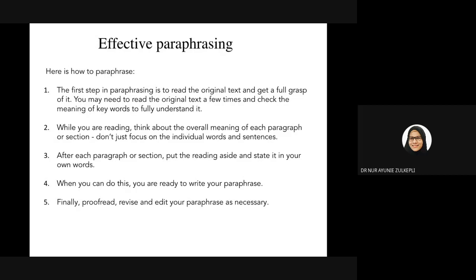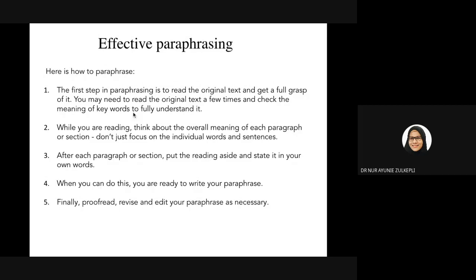Okay, so how to paraphrase? I give you the steps here. It's the same steps as when you want to summarize data from a previous study. So the first step is to read the original article and get a full understanding of it. You may need to read the original text a few times, okay? But if you have a very good strategy to understand the full text, you can apply it.